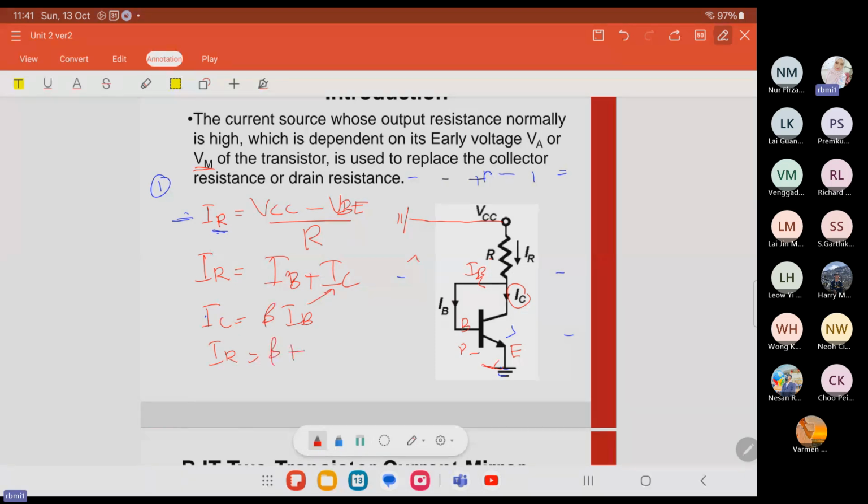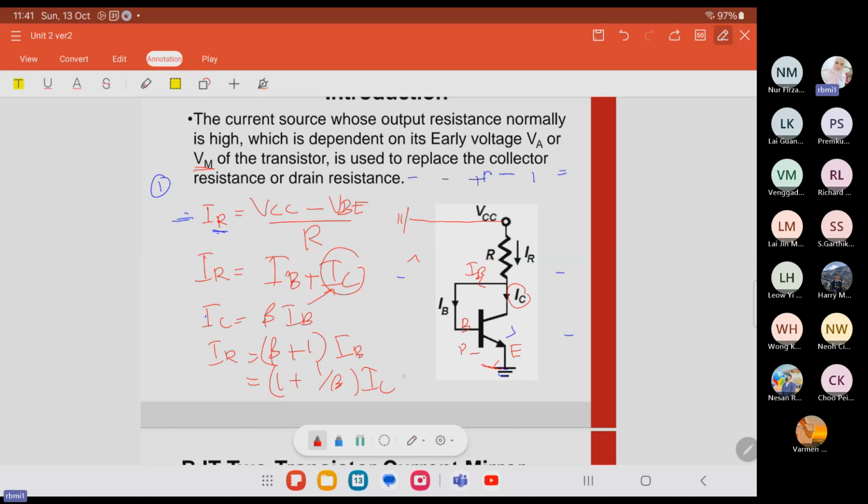Beta plus 1 IB. Okay, replace this beta IB in the IC. So we can have IR equal to beta plus 1 IB, or also equal to 1 plus 1 over beta IC.